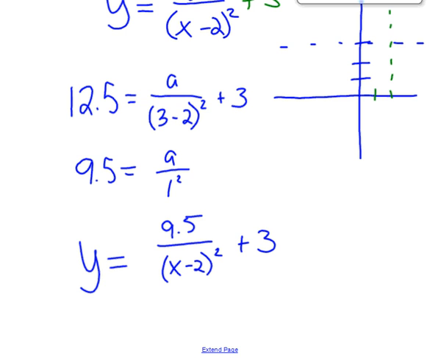Now it's kind of not the best to do fractions and decimals, so instead of 9.5, you might convert that to an improper fraction. So that might be looking at 19 halves, all right?